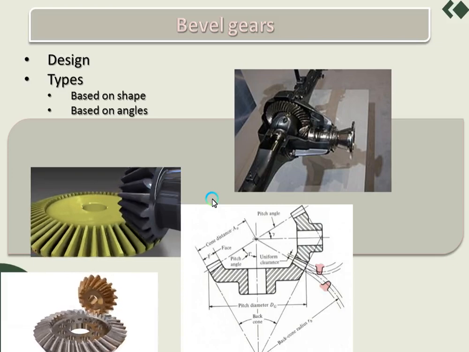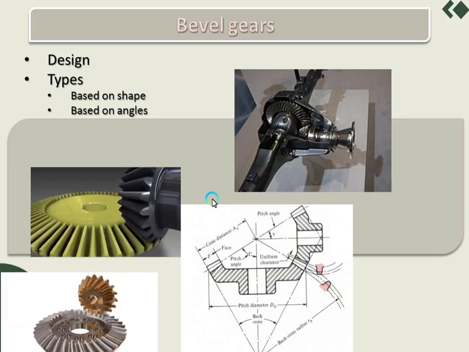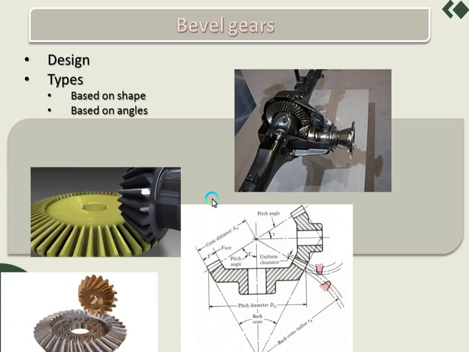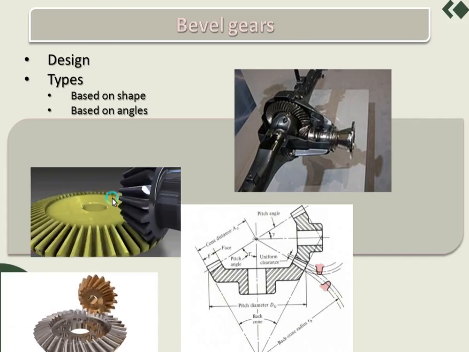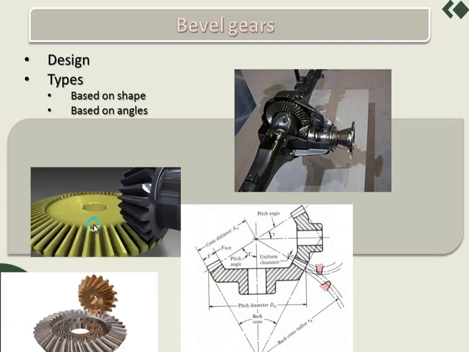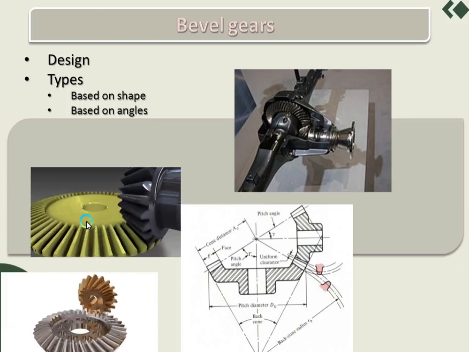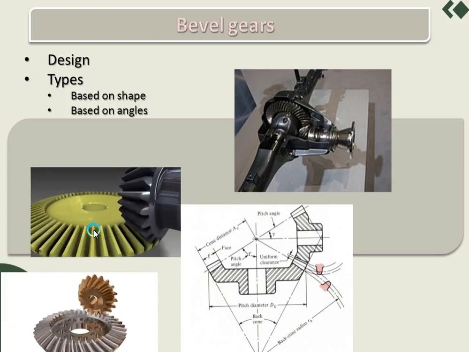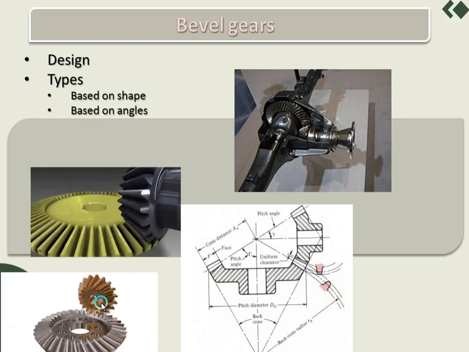One is based on the shape of the tooth and one is based on the angles at which shafts are connected by using bevel gears. As you can see in the two animated images I have shown here, one has straight teeth connecting the input pinion and the driven gear, and in the other the shape of the tooth is inclined.